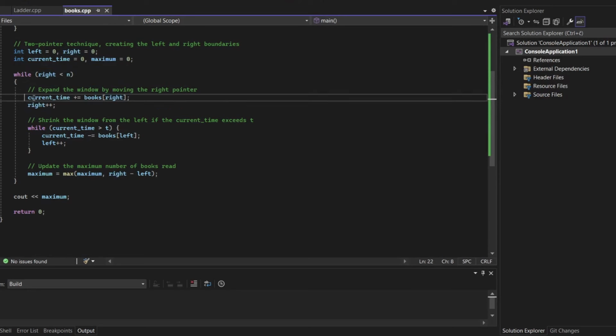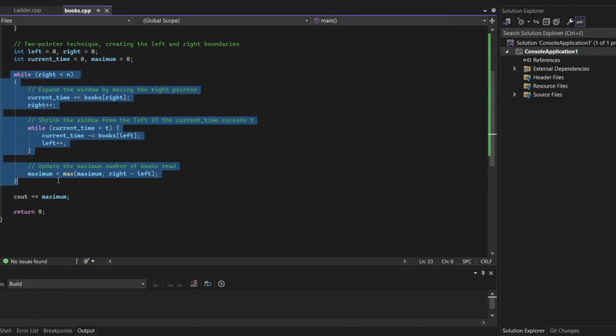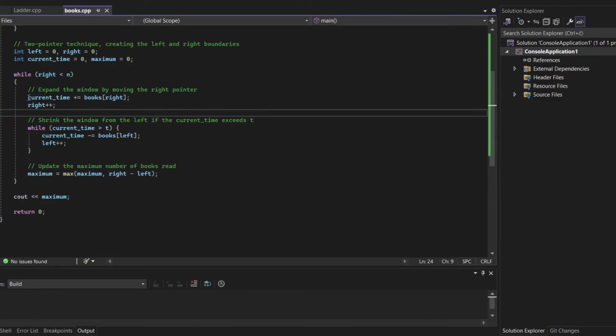Now our current time serves to give us a comparison between the maximum time that we can use and the given time from the task. So each time this loop iterates, our current time will increase by books of the right, and we will increase our right bound.